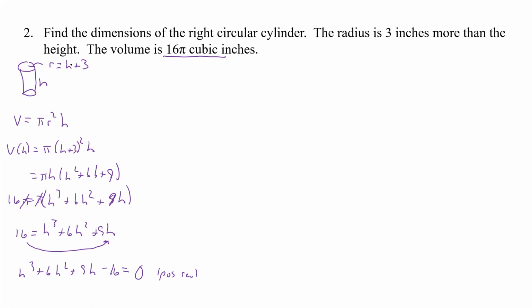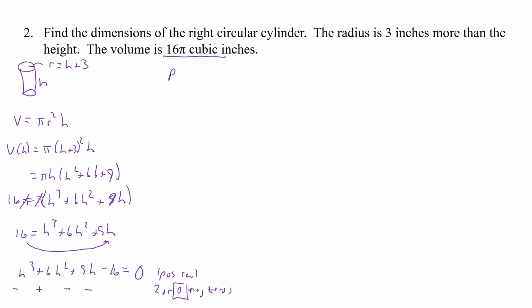Not really, because we can't have a negative height, okay? But if we did it, that would be a negative, and then a positive, and then a negative, and then that's going to be a negative again. So there's going to be 1, 2. So it's going to be 2 or 0 negative zeros. And because we know it can't have a negative length or height, it's going to be 0 basically.